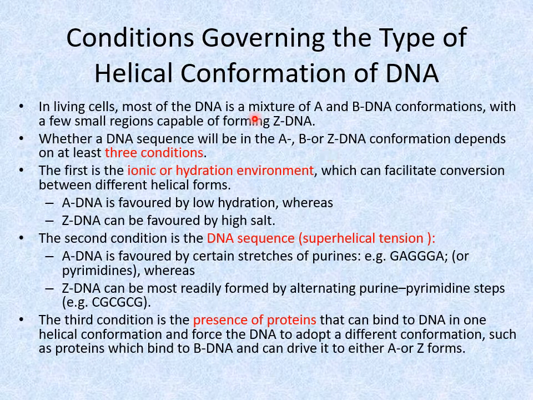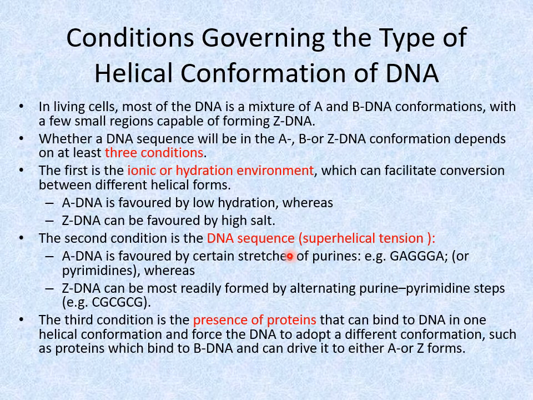Now we say that these three forms are interconvertible. So there are certain conditions that determine which form of the helix will be present. There are three basic conditions. First is the ionic or hydration environment. The second is the superhelical tension of the DNA molecule, and this tension is because of the specific DNA sequences.